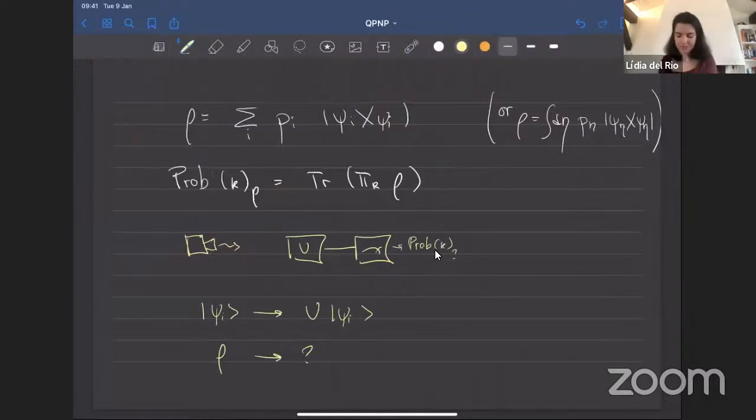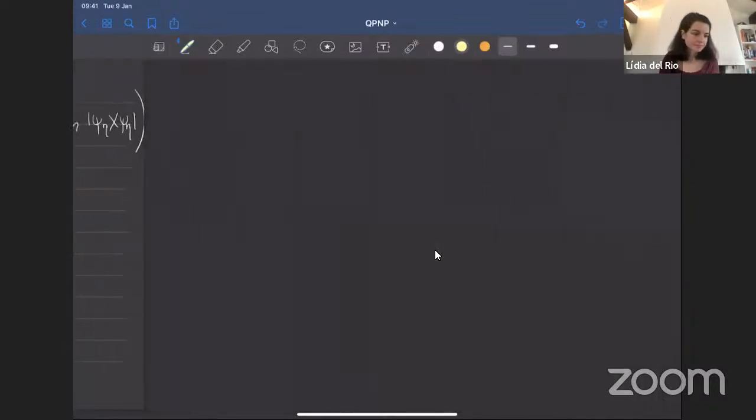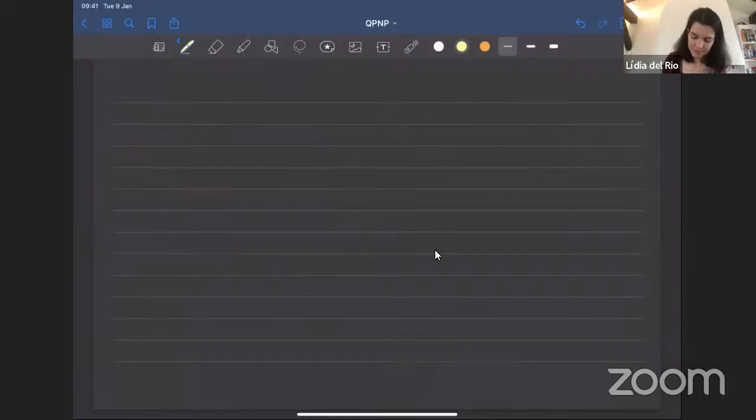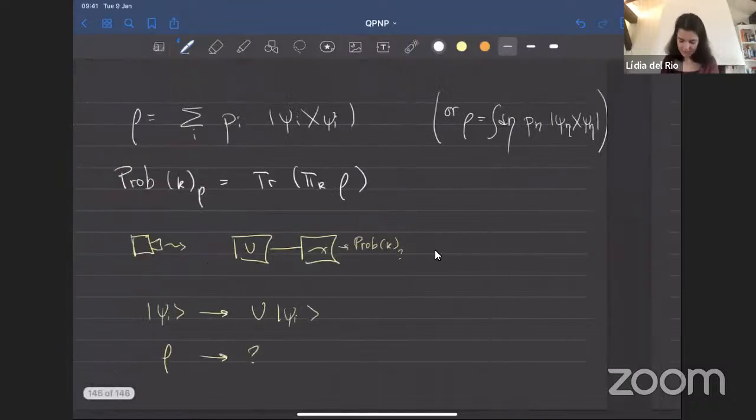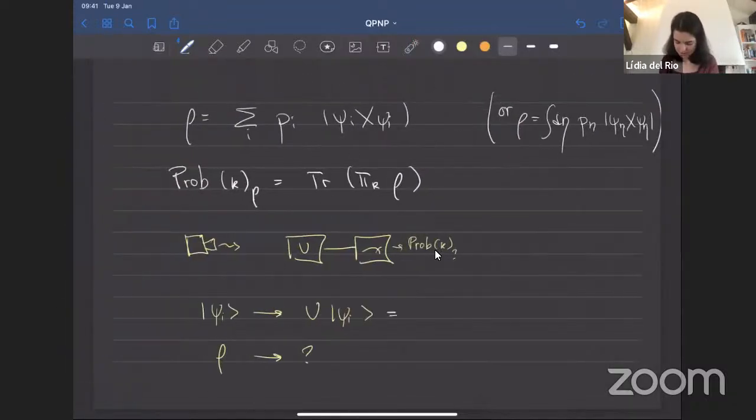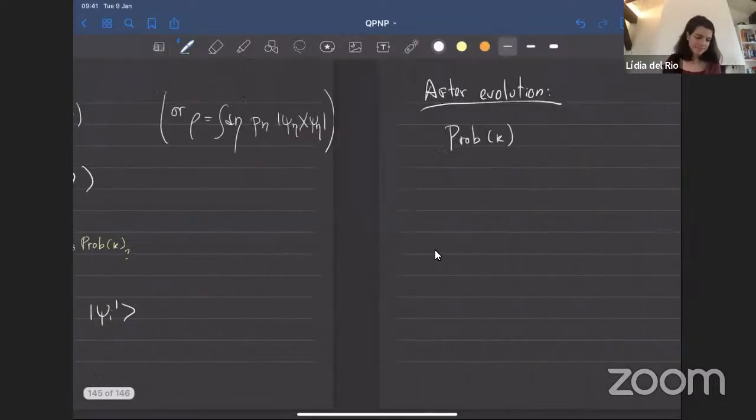And this will allow us to find the right object. Very good. So we look at them. After the evolution, the probability of getting outcome k is now, let's just call this psi i prime.